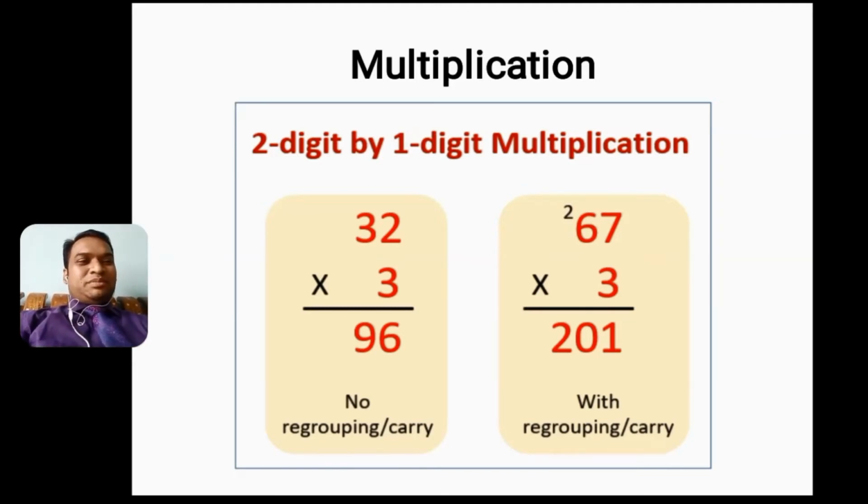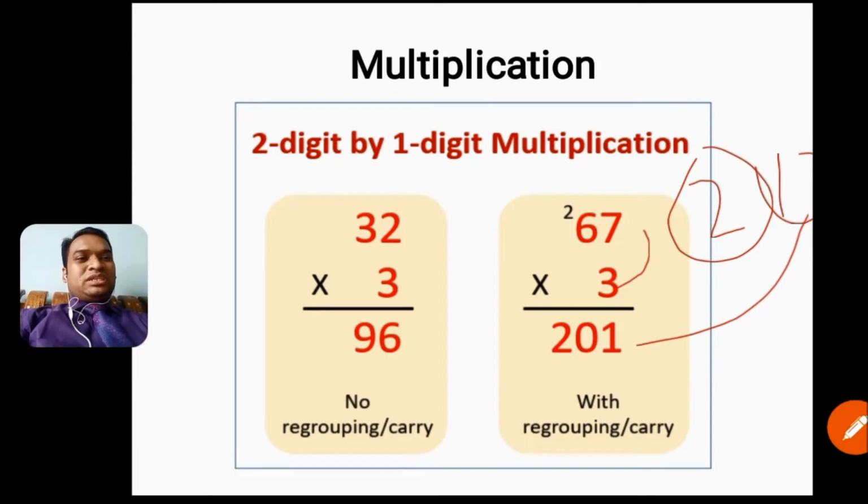the next one. Like if I want to show you, first we need to multiply 3 with 7. So 3 7s are 21. So we put this 1 here, and we need to keep these 2 for next. You see here. So next we'll do 3 with 6.